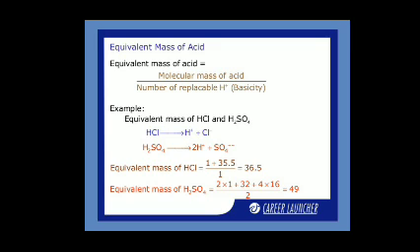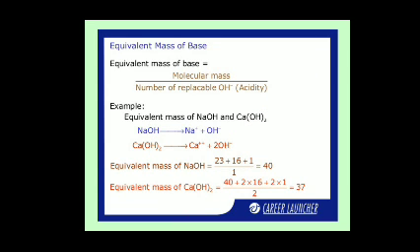Equivalent mass of H2SO4: 2 hydrogen, 1 sulfur, 4 oxygen. 2 into 1 plus 32 plus 4 into 16 by 2, that is 98 by 2, that is equal to 49.